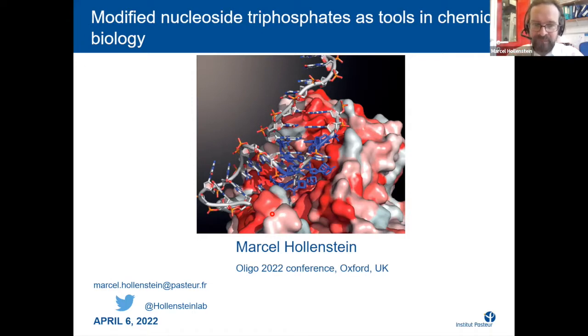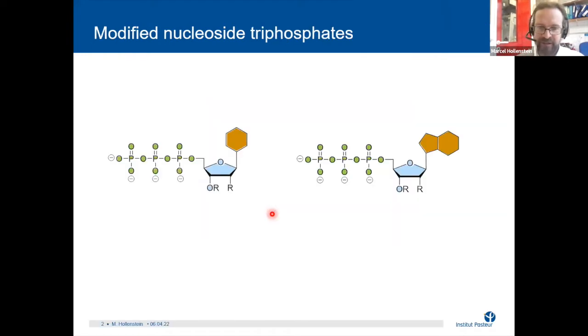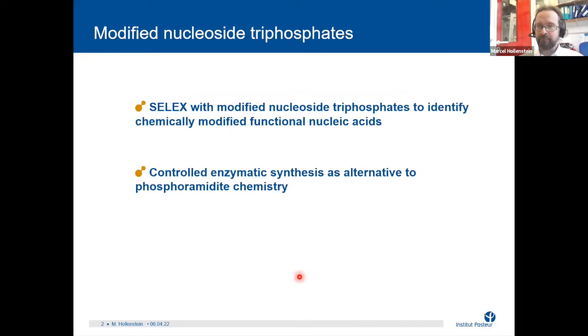So today, as Nabuza said, I will talk a bit about what we do with these agents, the modified nucleoside triphosphates. In particular, I will present two main research directions we follow in my lab. The first, beautifully introduced by Amy in the previous talk, is that we use SELEX with these modified nucleoside triphosphates to identify chemically modified functional nucleic acids, in particular aptamers.